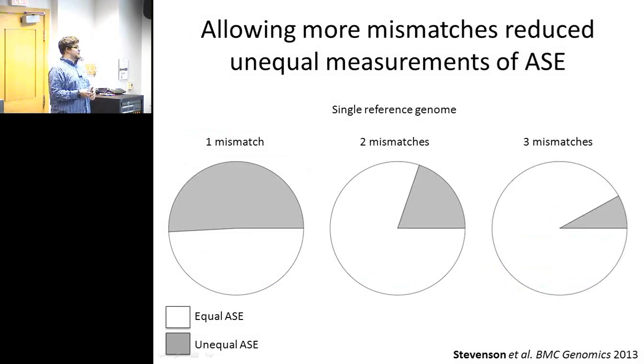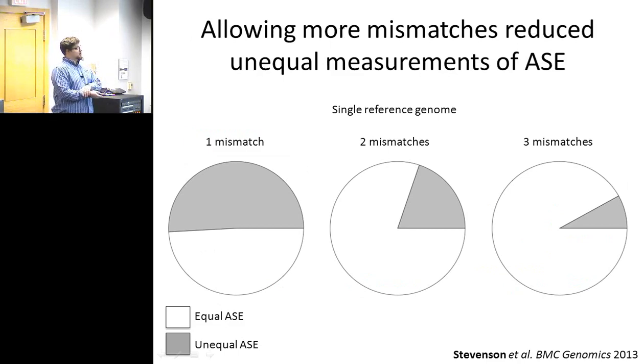Okay, so as expected, when we increase the number of mismatches, we do see a broad improvement in our measures of allele-specific expression. In the case where I've allowed up to 3 mismatches, only roughly 10% of the differentiating sites still showed some measure of unequal allele-specific expression.